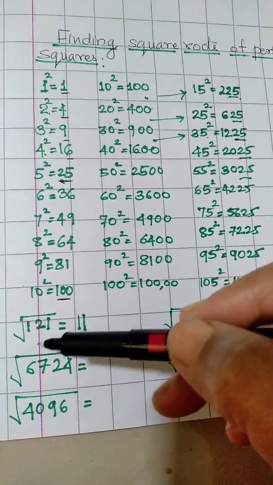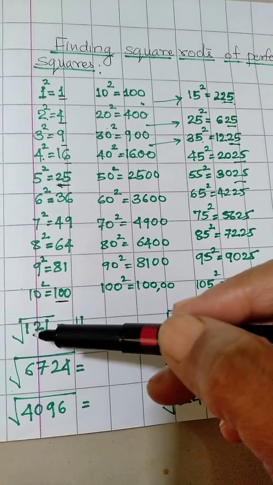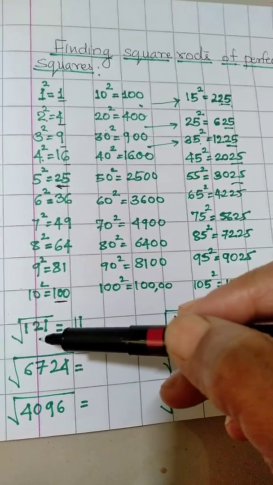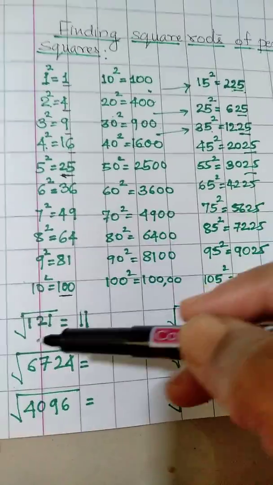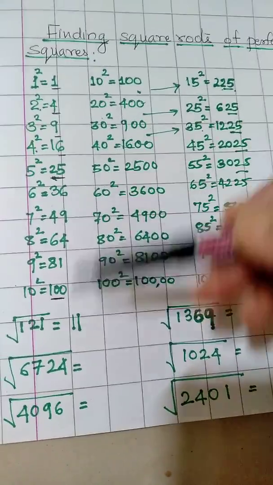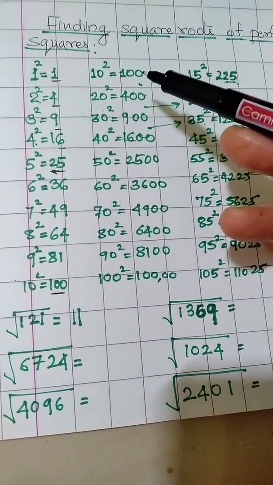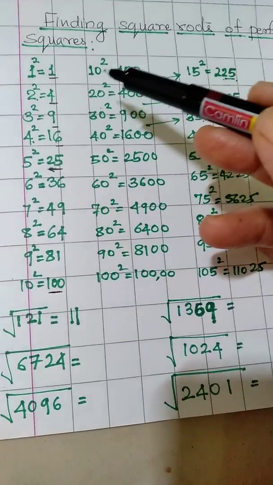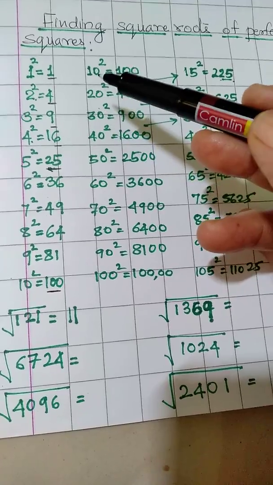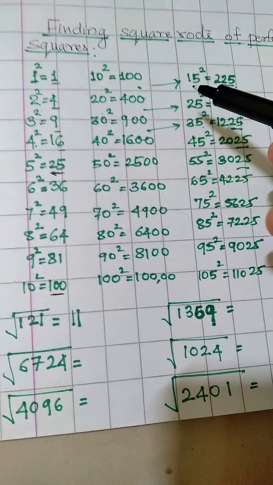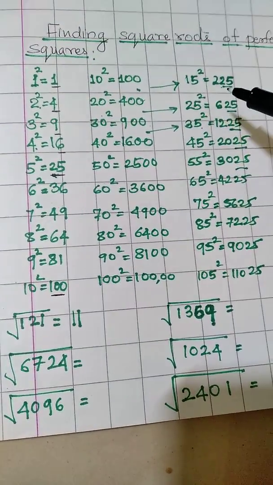Let us take a simple problem like the square root of 121. This is a perfect square, we already know. Just check between which two numbers 121 lies. It lies between 100 and 400. That means the square root lies between 10 and 20. Just check the square of the middle number. 15 square is 225.